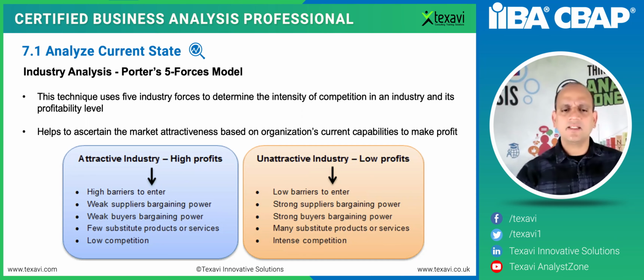So these are the set of factors or parameters that we need to consider when deciding which industry to enter into, what kind of markets are attractive for us. And the opposite is the unattractive industry. Whatever we discussed is opposite, because we don't have much profitability in there.